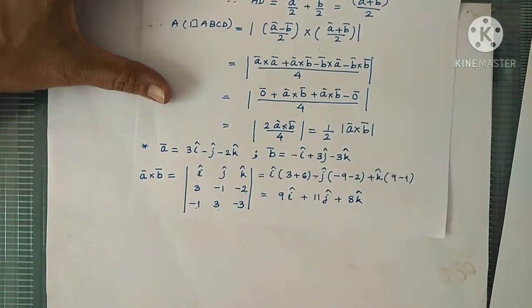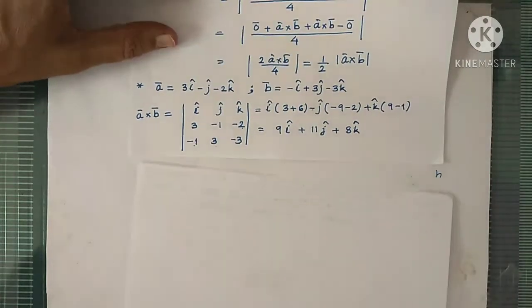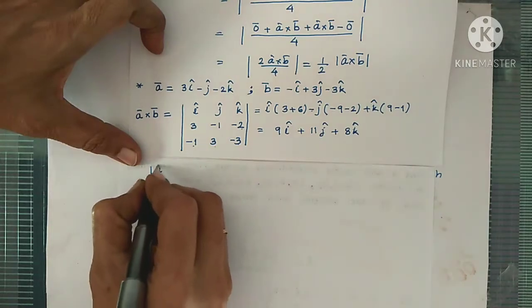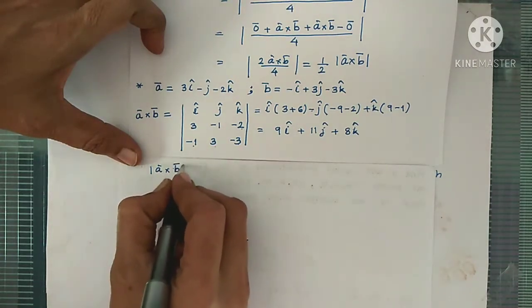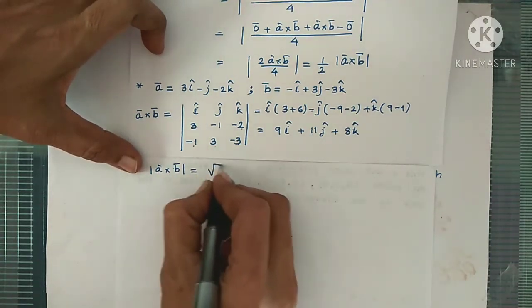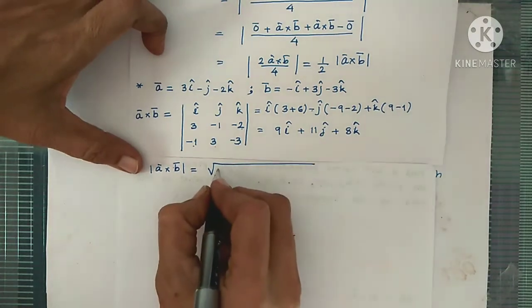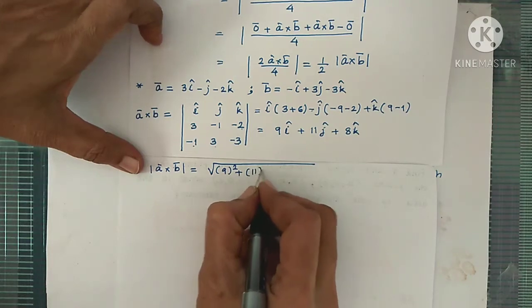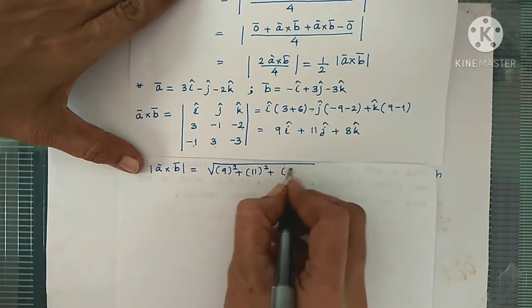So first let's find its modulus. Modulus of a bar cross b bar is equal to the square root of 9 square plus 11 square plus 8 square.